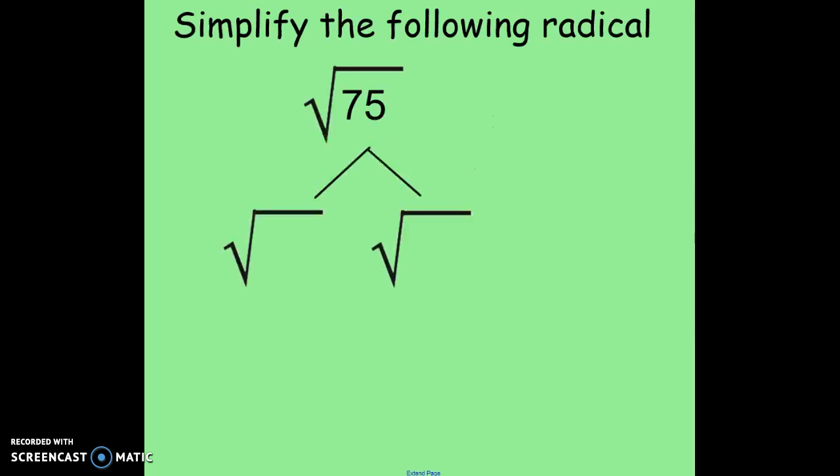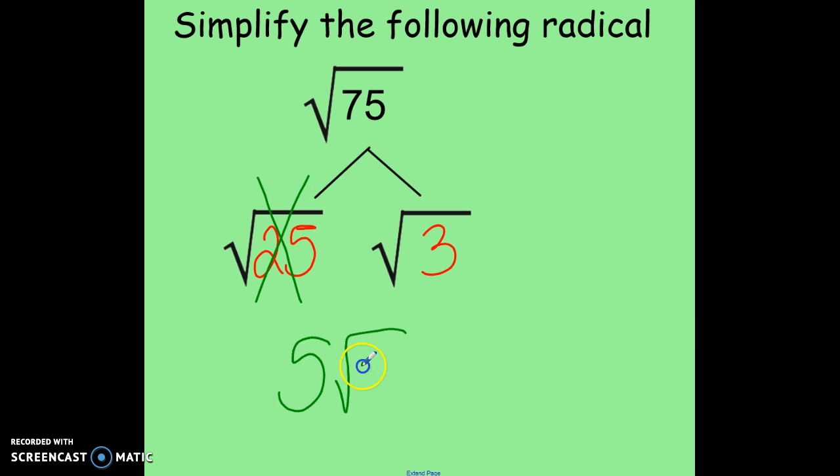So if we look at 75, think about the largest perfect square that can be divided out of it. Good. It is 25 and 3. Put the perfect square first. The square root of 25 is 5 with radical 3 left over.